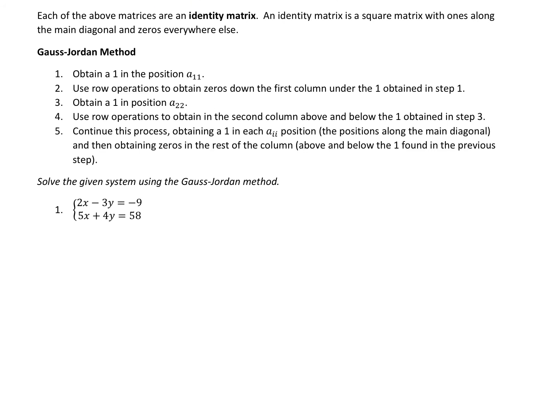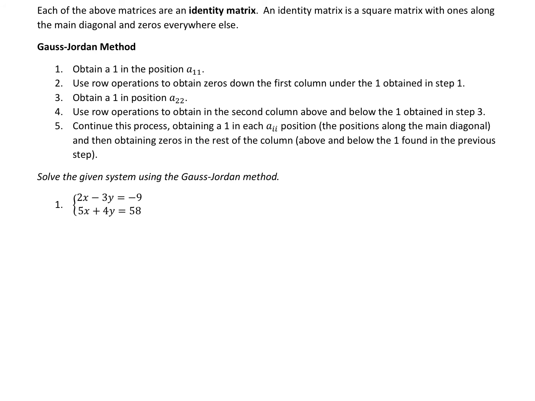So here's the Gauss-Jordan method. Your first goal is to obtain a 1 in the position A11, that top left-hand corner. After that, you're going to use row operations to get zeros under that 1.